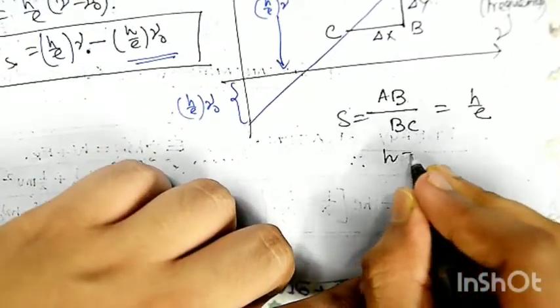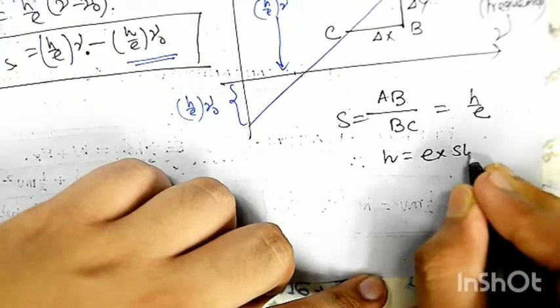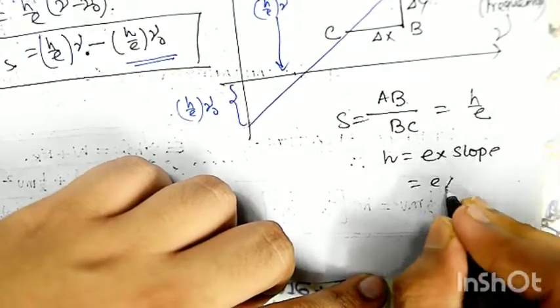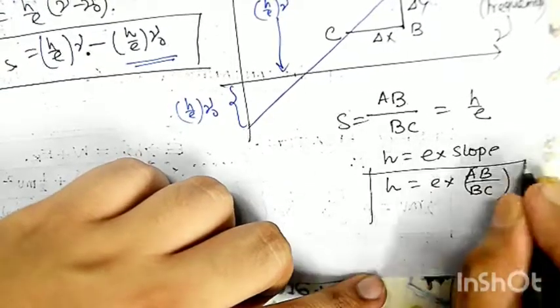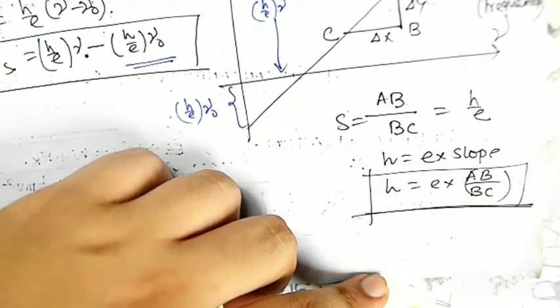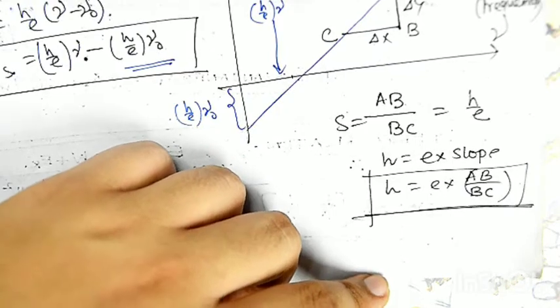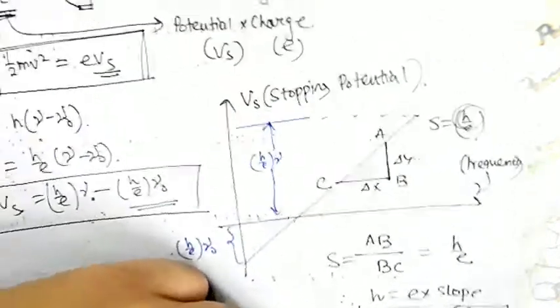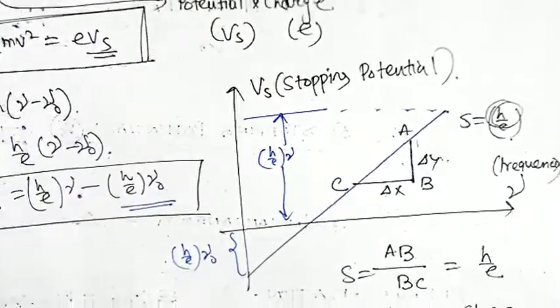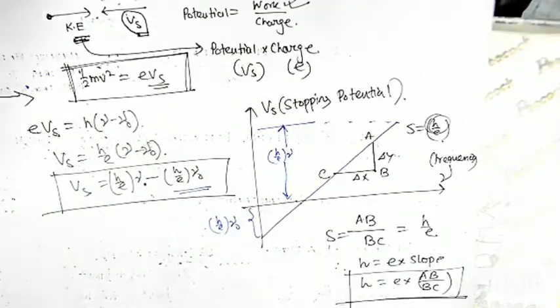So h equals e into slope, that is e into AB by BC. This is also how we can determine the Planck's constant graphically. Clear? This thing is not much important to find out using the graph. Sometimes some questions are coming from it.